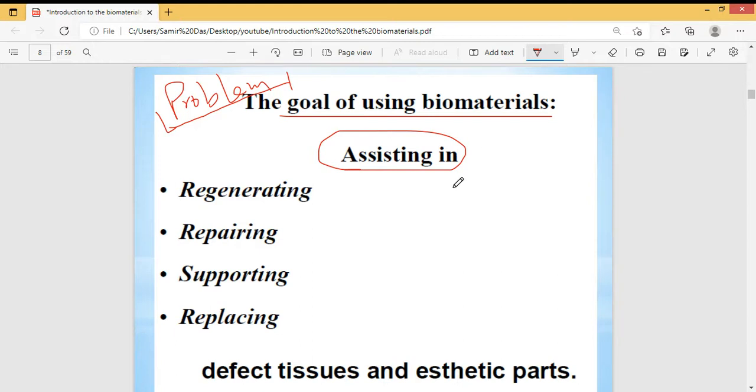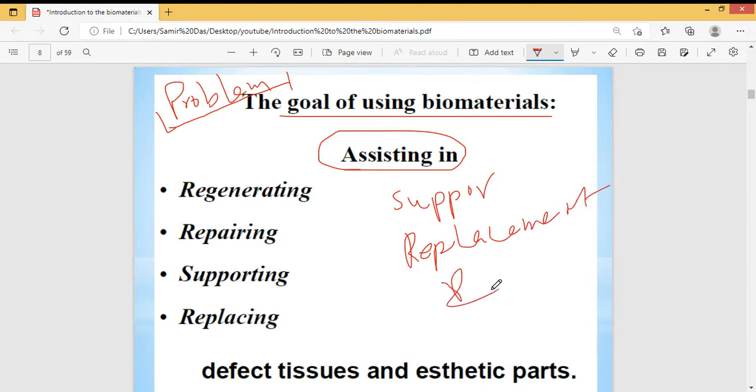biomaterials are basically used for support, replacement and repairing.